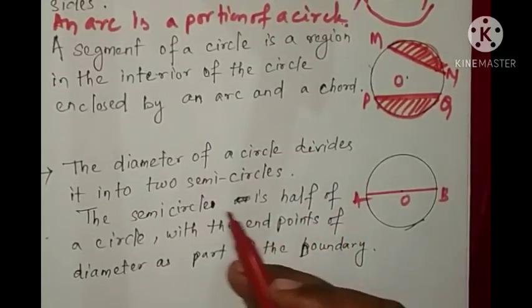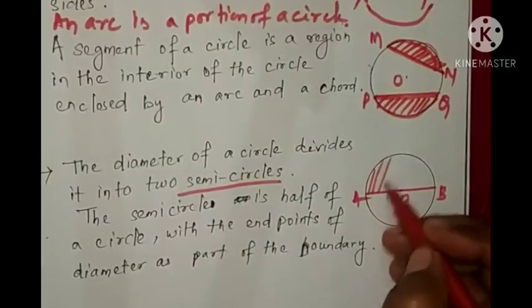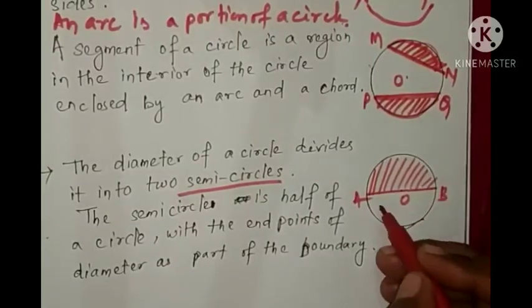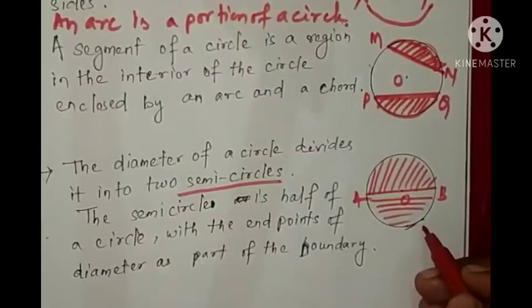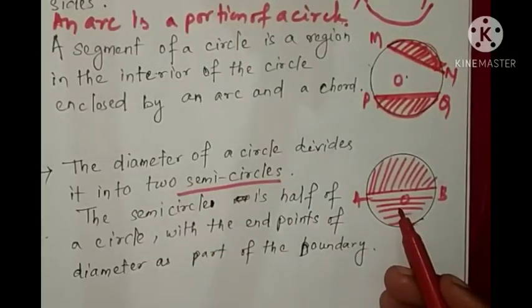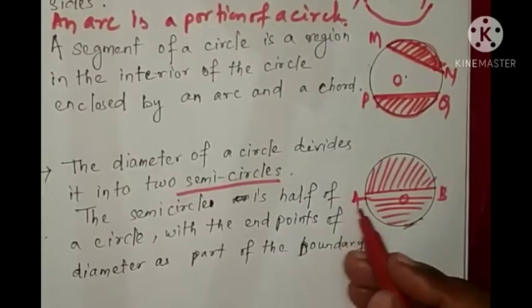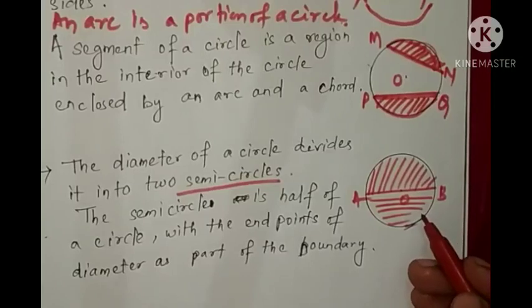Each half is called a semicircle. So this is one semicircle, and this is another semicircle. Semi means half. So we find the half of the circle, or semicircle, by dividing it with a diameter.